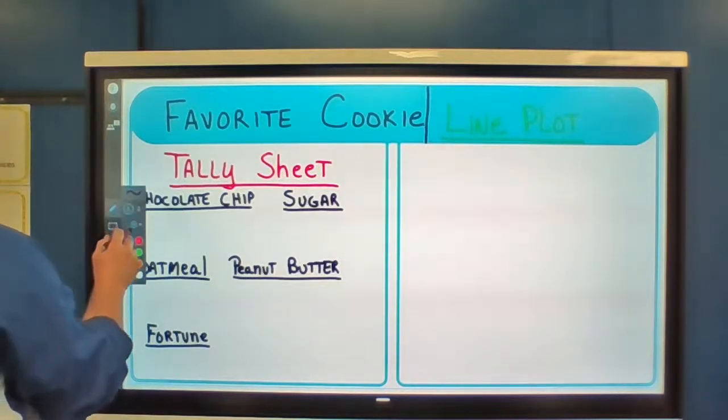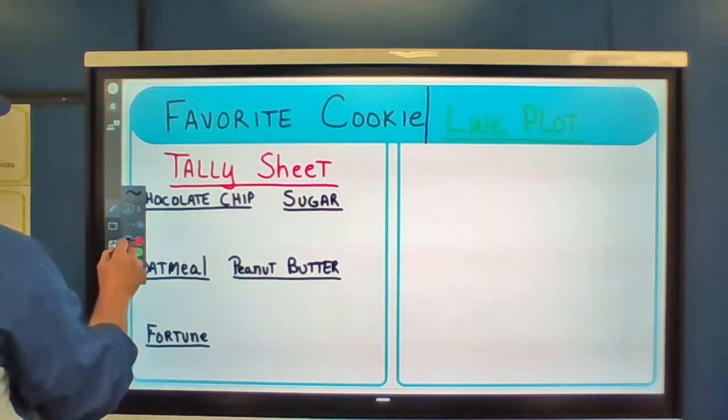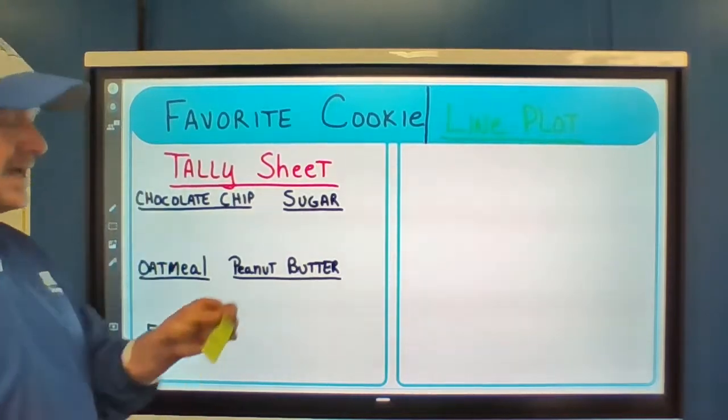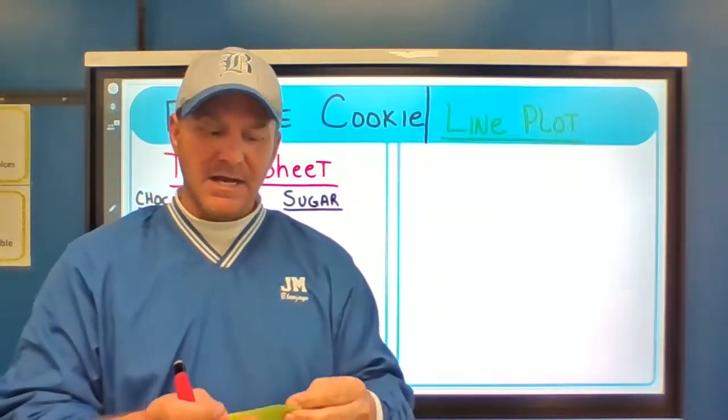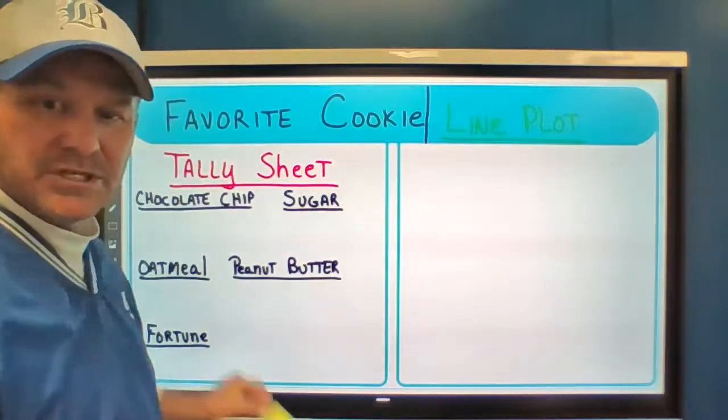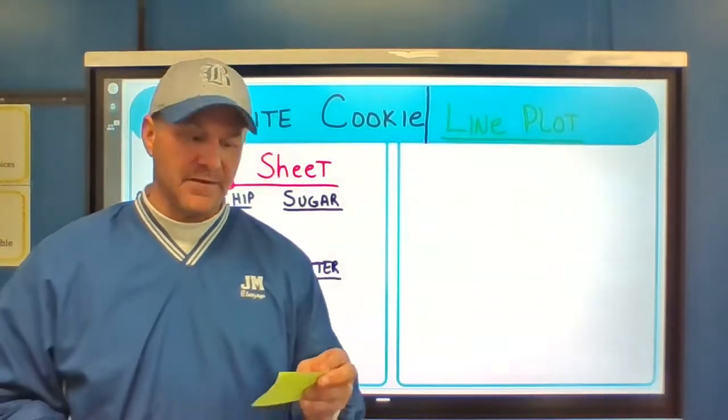So if I take my data and I start looking at the questions that you answered and I analyze that data, I can come up with how many of you chose each type of cookie as being your most favorite.